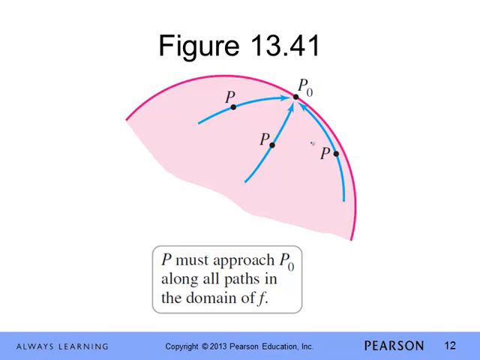And here we're still thinking about if we are going to be taking the limit of a function at a point on the domain that happens to be at the boundary of the domain, we still need to consider all paths that lead to that point, all paths within the domain.